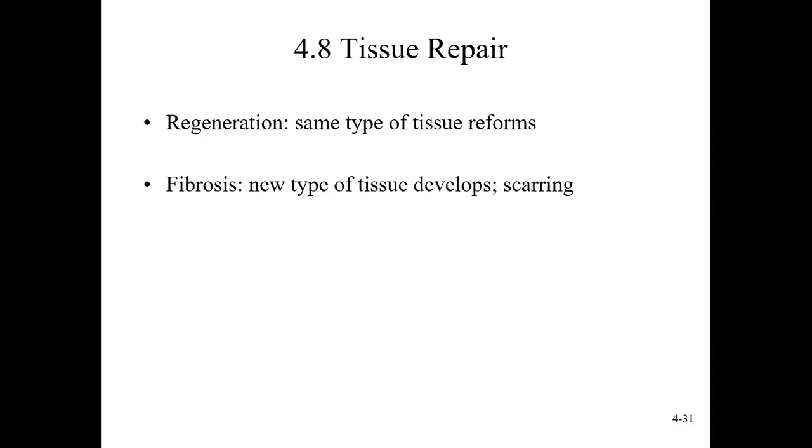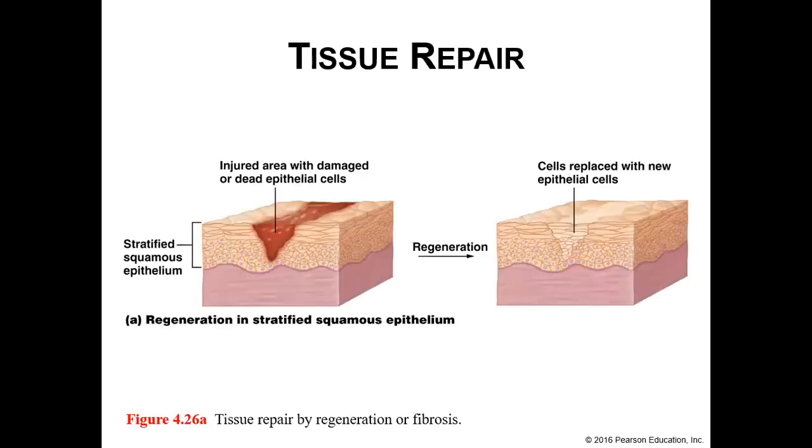So for example, let's say you get a cut on your skin. Well, your skin is epithelial tissue, and I'll show you a picture of this in just a second from the textbook. Actually, here's the picture. It shows a section of your skin. You've got epithelial tissue on top of the skin layer here. And let's say you have some kind of damage there.